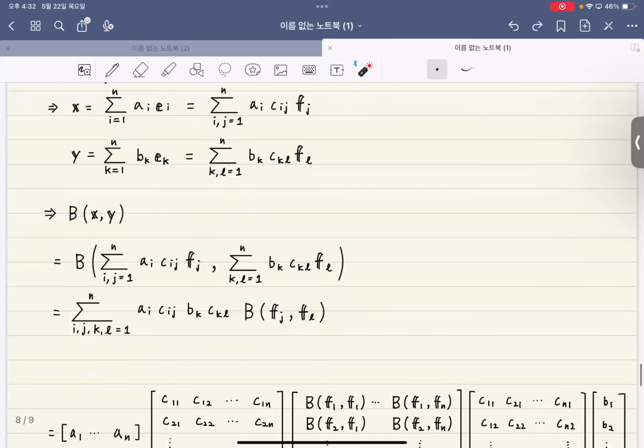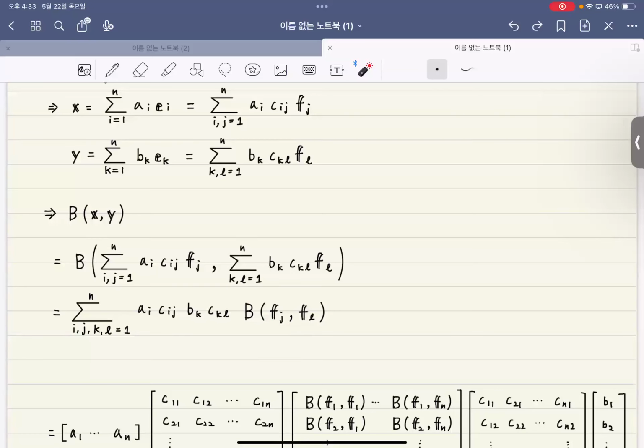And since they are linear, this summation is now taken out of this parenthesis. Now I have the ugliest summation you can ever imagine. In these indices i, j, k, l are varying from 1 to n, with a_i c_ij and b_k c_kl, times the symmetric bilinear form of the basis vectors F_j and F_l.